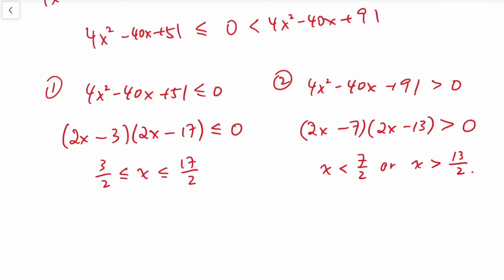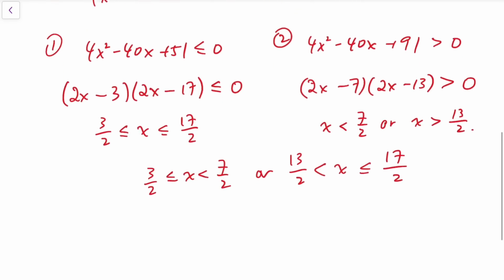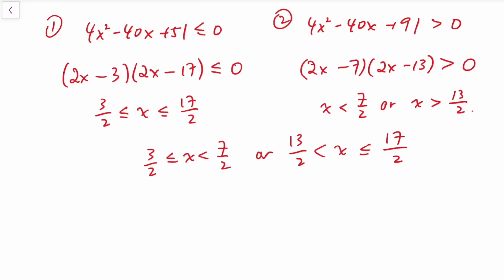So combining, we actually have x to be within a very small range. It's either between 3 over 2 and 7 over 2, or it lies between 13 over 2 and 17 over 2.